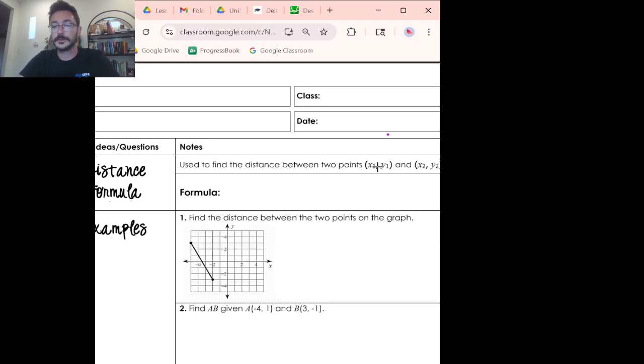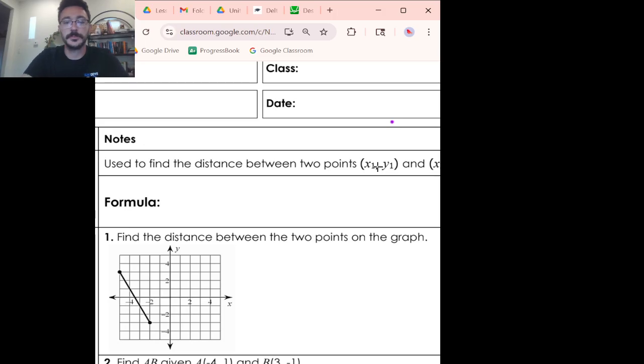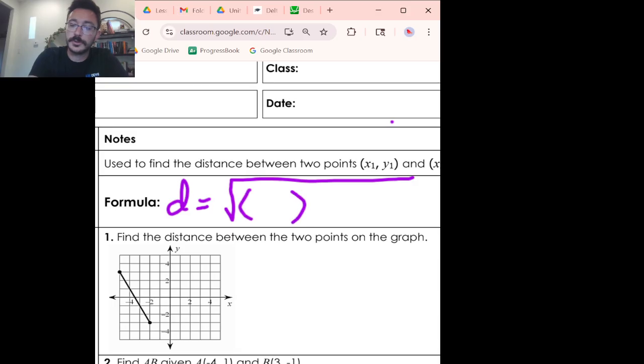Our distance formula usually has d for distance equals, and then a big square root, and underneath we have the difference in our x's, x2 minus x1. Technically it doesn't really matter, but I usually do the leftmost point as my x1, y1, and my rightmost point as x2, y2.